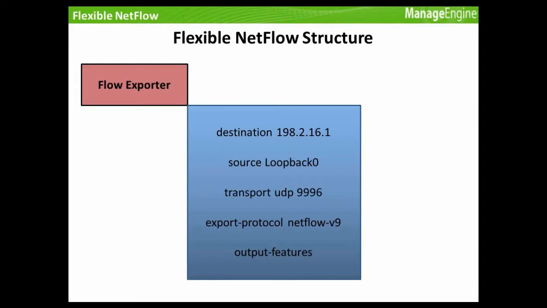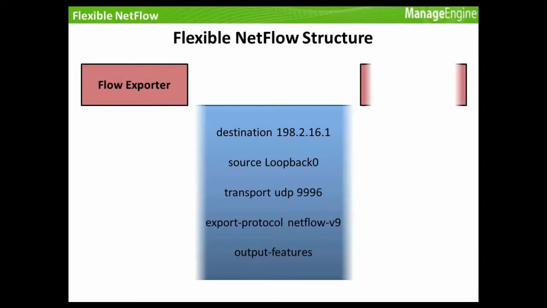Only if we apply this feature would NetFlow packets get exported over a crypto main node, because earlier with NetFlow V5 they could not be exported. That was the Cisco bug. So from the flow exporter or output features, let's see what is next on the screen.